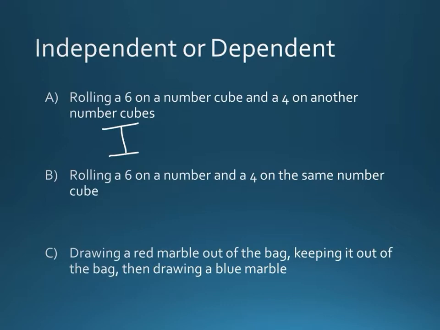So again, it's an independent event. C, drawing a red marble out of a bag, keeping it out of the bag, then drawing a blue marble. If I have one less marble in the bag when I go for the blue marble, that means the red marble did affect the probability of the blue marble, which means these are dependent events.